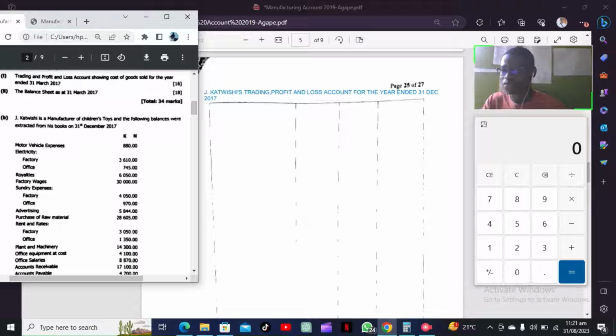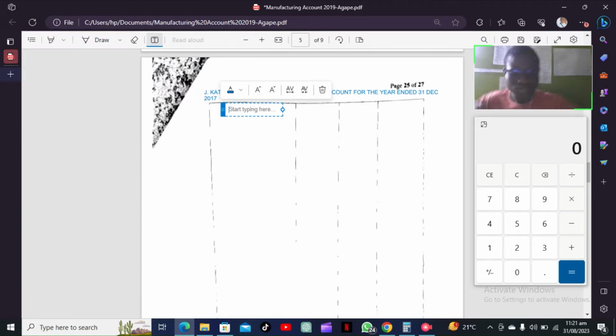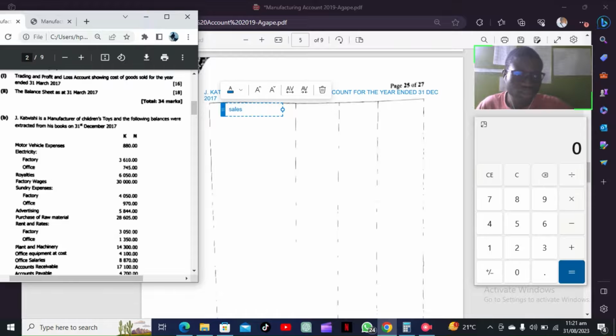Now we want to start selling those goods that we produced in the manufacturing account. That's this trading profit and loss account. The first thing that we're going to enter, just like always, is sales. We're going to get our sales directly from the question.